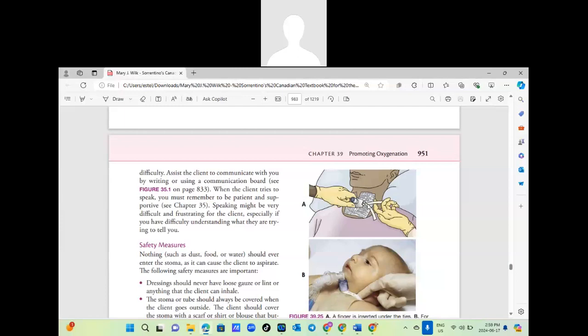Sometimes they use a string, but I have cared for a client that has a tracheostomy. She has throat cancer, so she has this Velcro for the neck. I clean it every day.